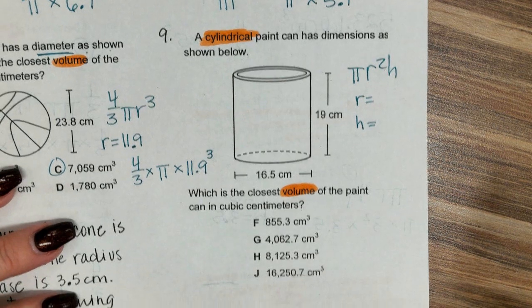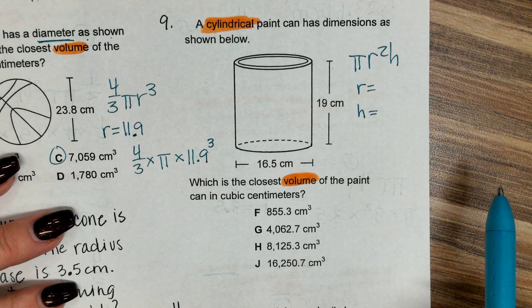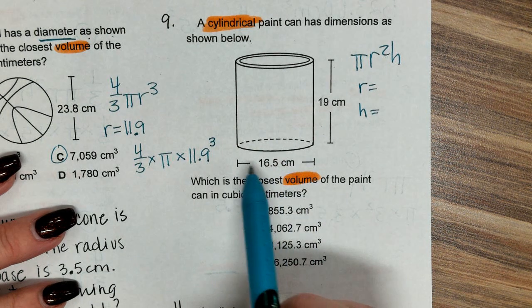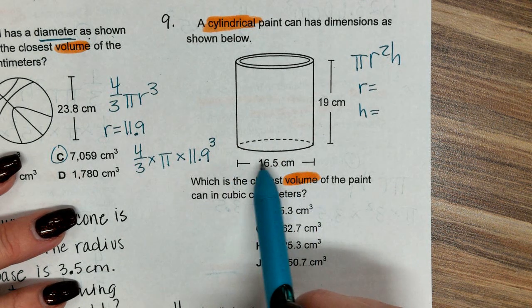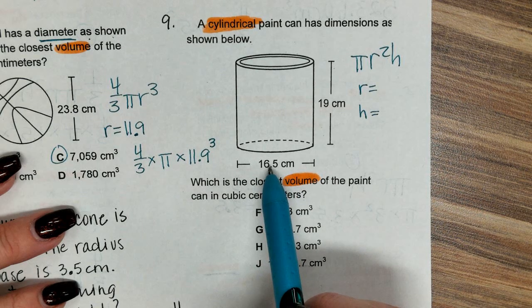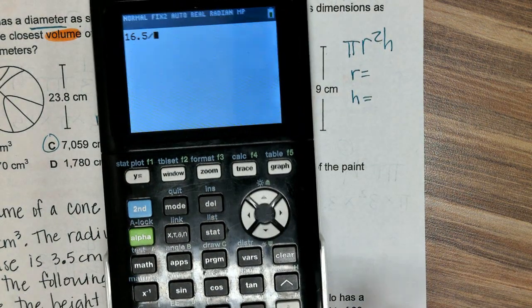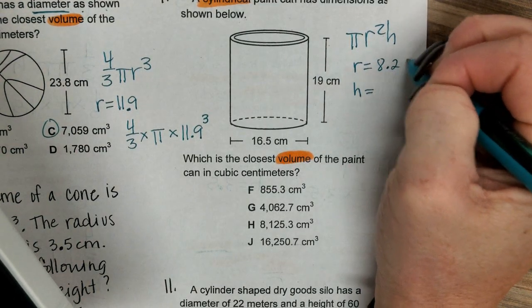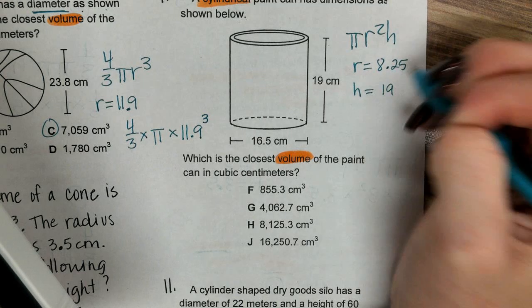Where does the radius have to come from? The circle right here. Did they give you halfway through, or would this go all the way through? So what do I have to do to this number? Divide by 2. 16.5 divided by 2 is 8.25. The height is 19.